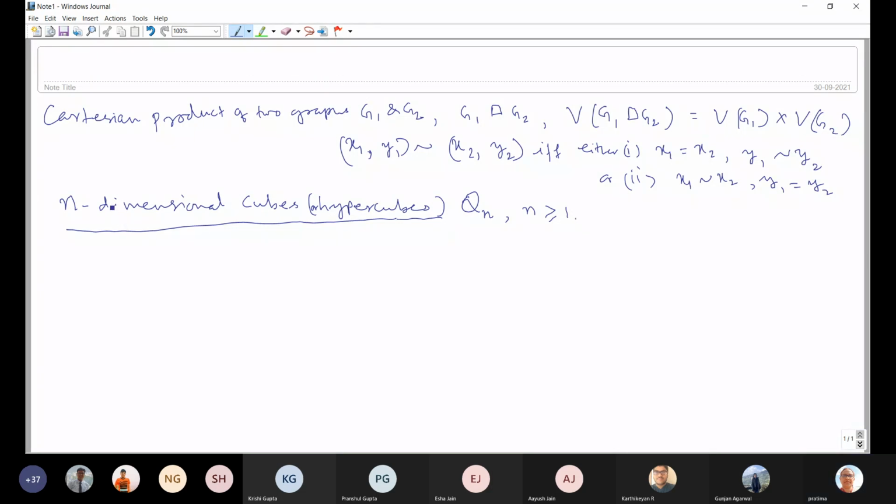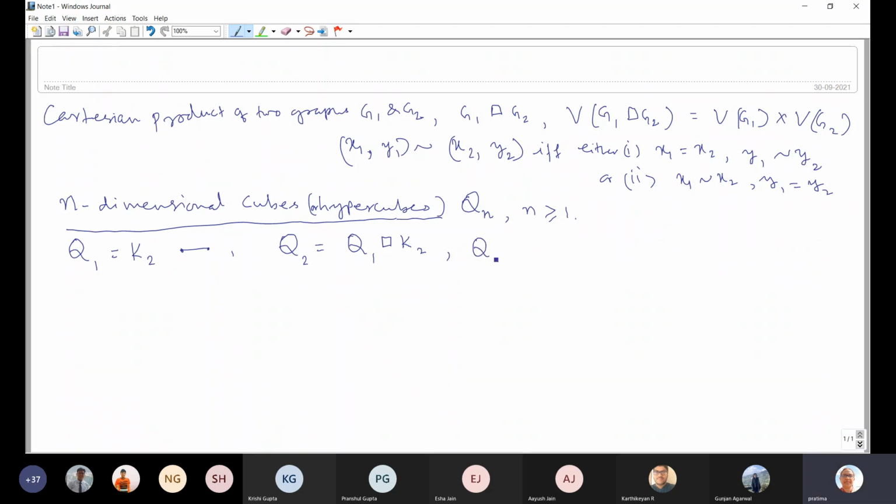So how is Qn defined? Q1 we take as K2. You remember that K2 is this graph. Then Q2 is defined as the Cartesian product of Q1 and K2.